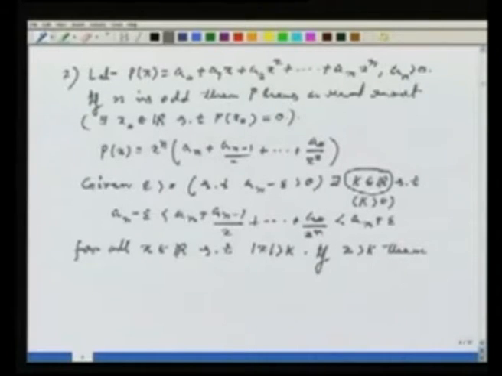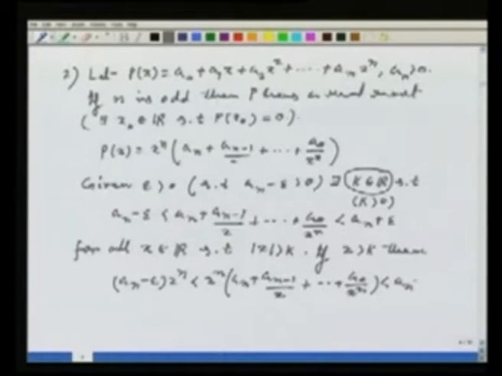Then a_n minus epsilon times x to the power n is anyway less than x to the power n times a_n plus a_{n-1} by x plus a_0 by x to the power n, which is less than a_n plus epsilon times x to the power n. Notice that by my choice this also happens, because a_n minus epsilon is positive. I have taken my x to be positive, so that is also bigger than 0.